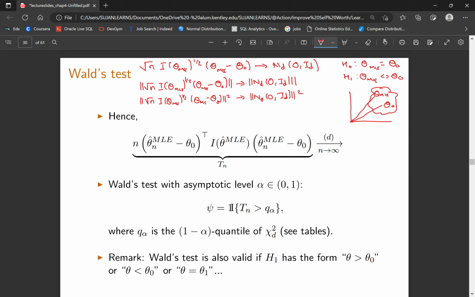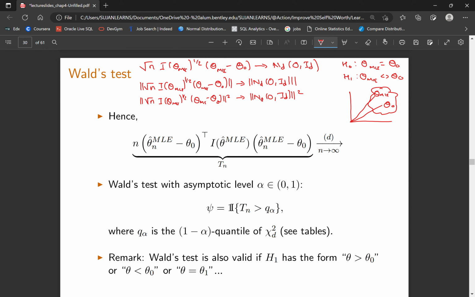Now let's develop a little bit more the right-hand side of this equation, which is the square of the normal distribution. What do we know about this by definition of the L2 norm?